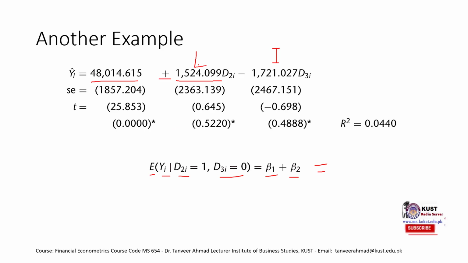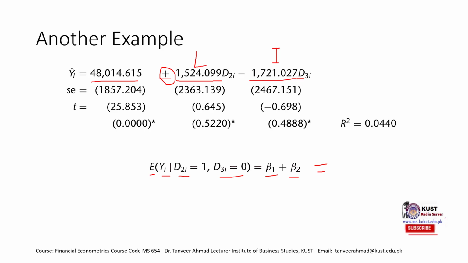What this 1524 tells us is that a public school teacher from Lahore earns almost 1500 rupees higher than, due to this plus sign we are saying higher than, the base category. And what is the base category in this case? It is Karachi. So a school teacher in Lahore earns 1500 rupees higher than a school teacher in Karachi on average.